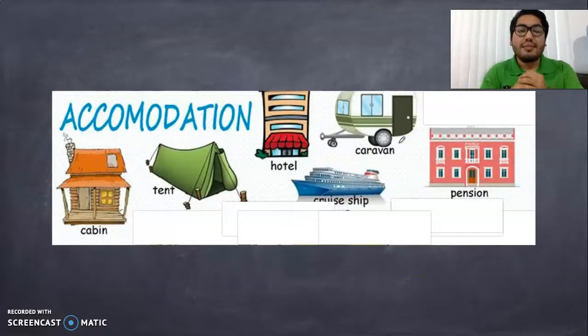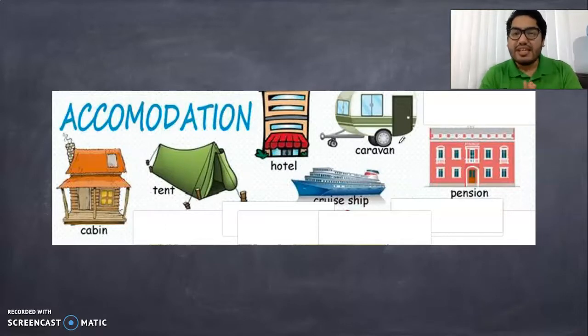And we also have the accommodations. Accommodations is where we stay when we arrive to that place. It can be a cabin, it can be a tent, for example, when you go to camp. It can be in a hotel, then a cruise ship, a caravan, or a pension.